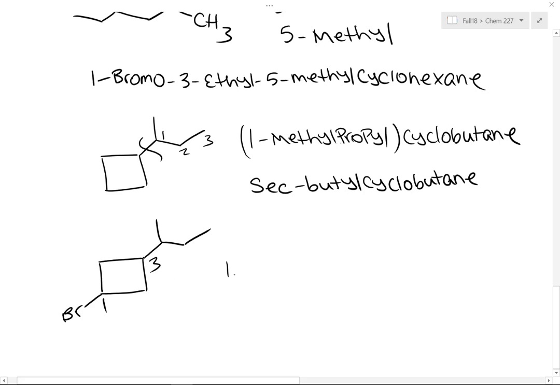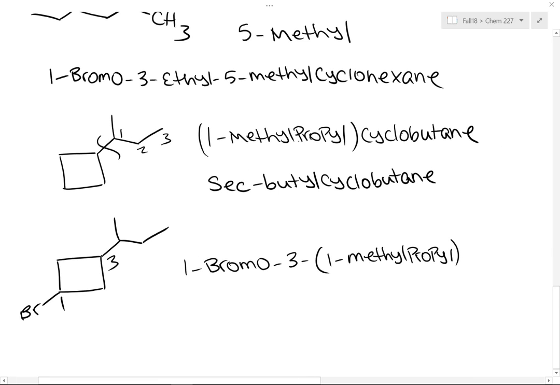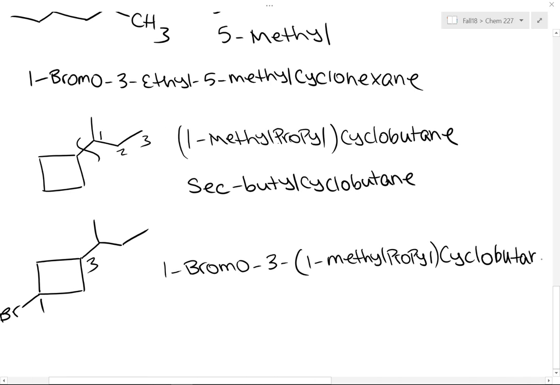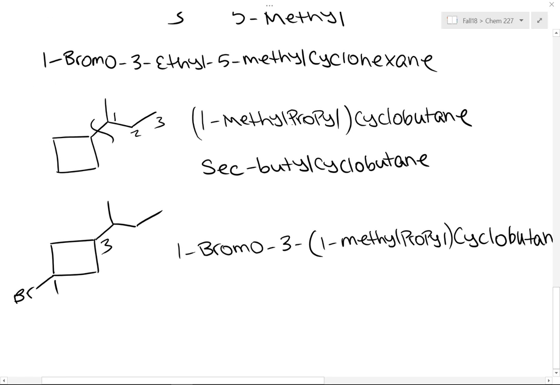So I'm going to name this 1-bromo, and then I'm going to list the substituent. So 3, open parentheses, 1-methylpropyl. Okay, there's my complex substituent. That's my last substituent, so I'm ready for the parent name. Cyclobutane. Or 1-bromo-3-sec-butylcyclobutane, if you know that name.